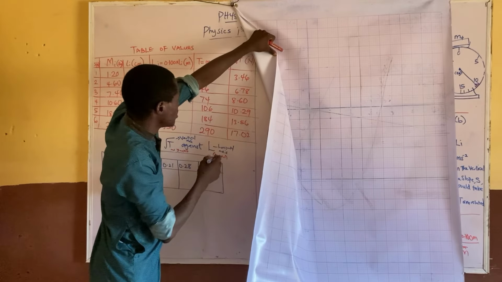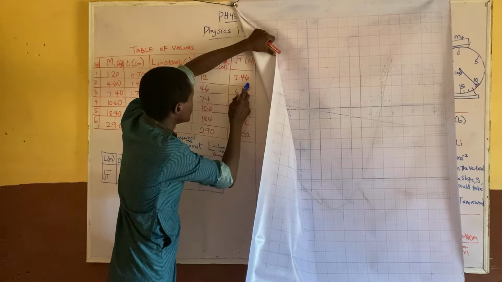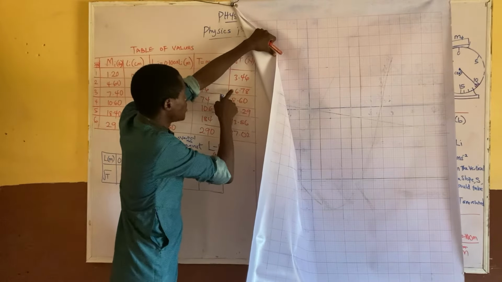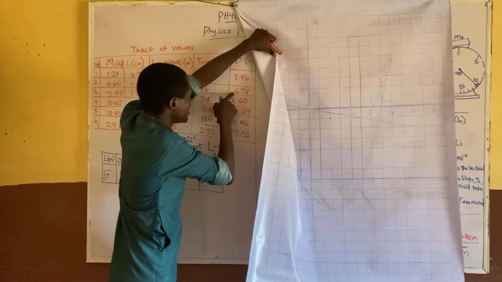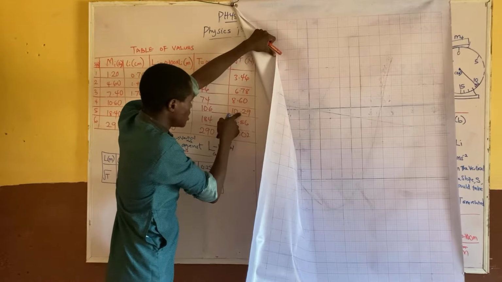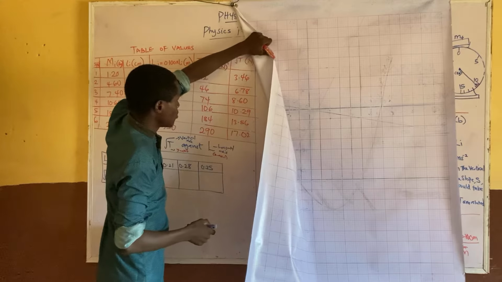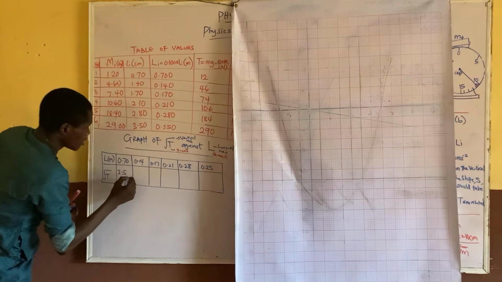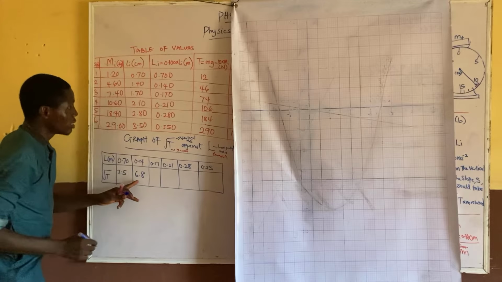So the 3.46 here will now be approximately 3.5. This one will be 6.8, this one 8.6, this one 10.3, this one 13.6, and this one 17.0.